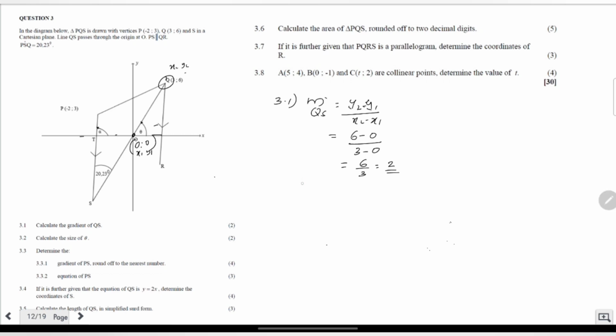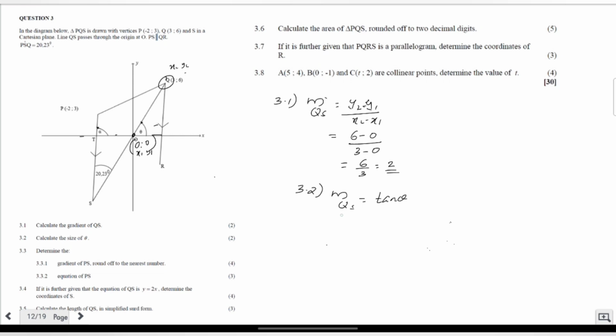Now coming to 3.2, you have to find the value of theta. Where is theta and what is theta? Theta is the angle of inclination of the line. Which line is that? QS. So gradient of QS is equal to tan theta. That's how you have to do it. This is the formula: gradient of that line. Theta is between the x-axis and a line. That line I'm talking about, QS.